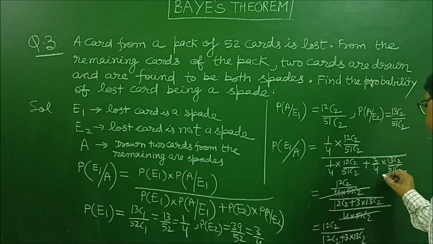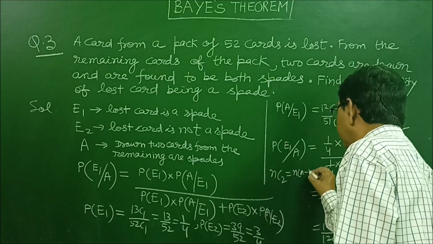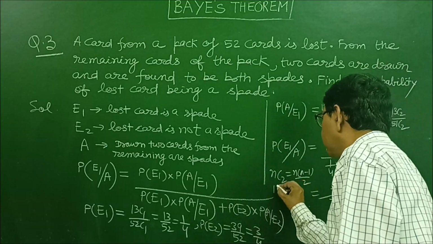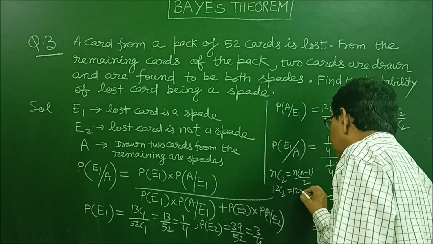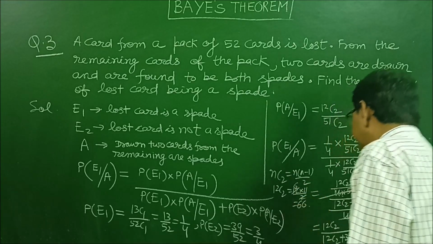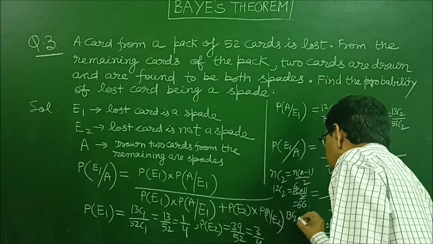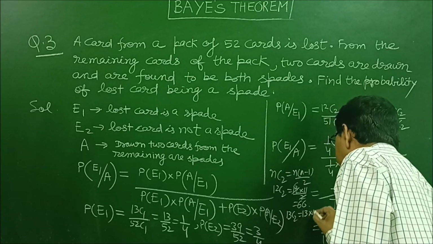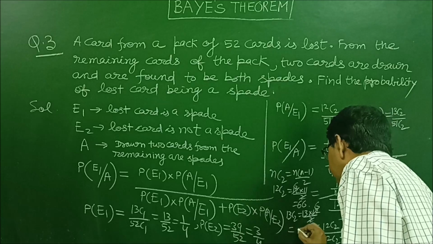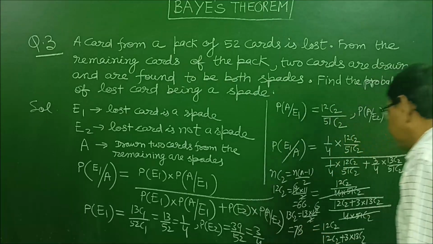Now you know the value of nC2 is equal to n into n minus 1 by 2. So we can calculate 12C2. 12C2 will be equal to 12 into 11 upon 2, that is 6 times 11, 66, and 13C2 will be equal to 13 into 12 upon 2, 2 6 times cancelled, and 6 3 is 18, 6 1 is 6 and 1, 7, 78.